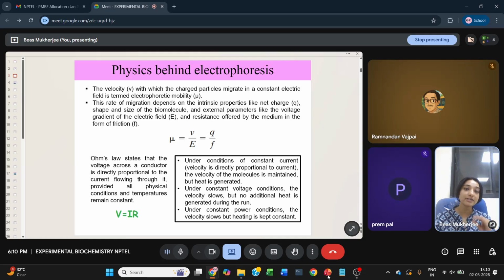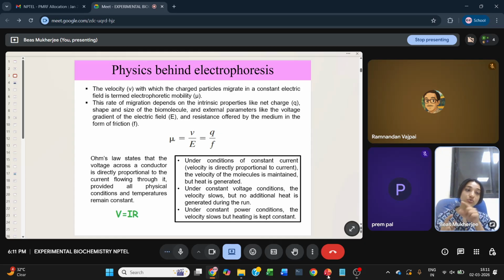Under conditions of constant current, velocity is directly proportional to current, which we can see from this equation of Ohm's law. The velocity of the molecules is maintained but heat is generated, and that is largely because of resistance. Under constant voltage conditions, the velocity slows, but no additional heat is generated during the run. Under constant power conditions, the velocity slows, but heating is kept constant.